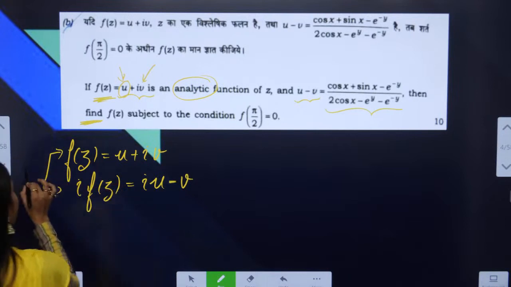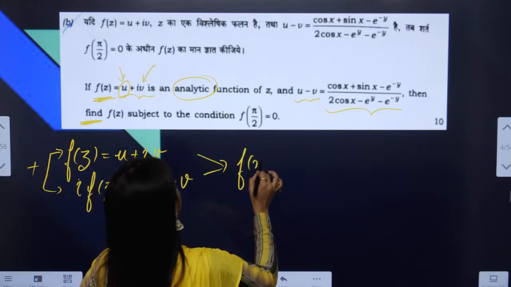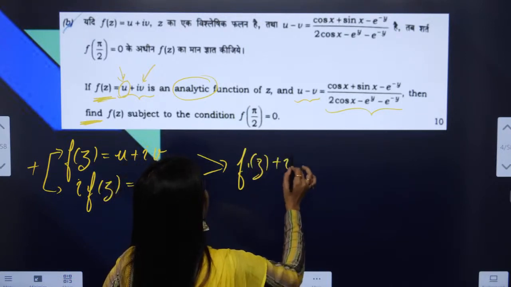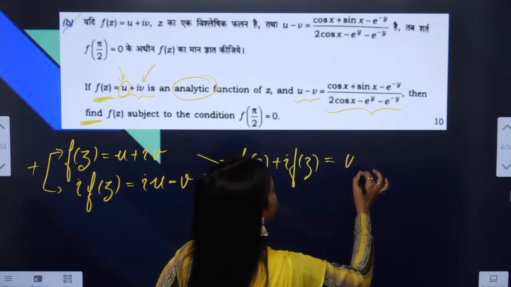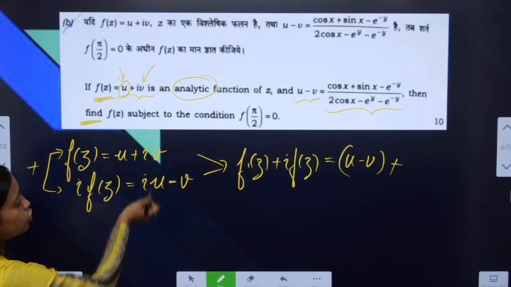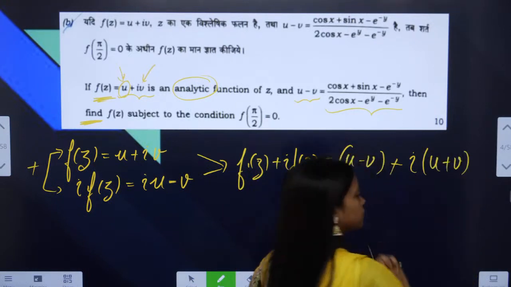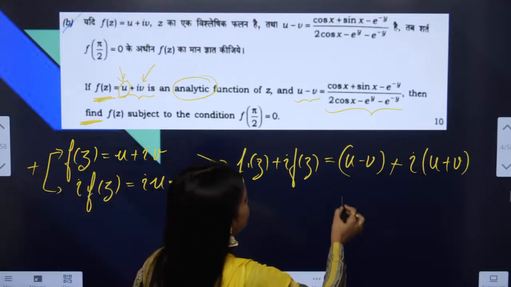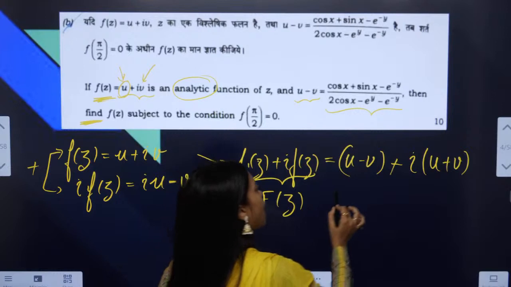If you add these two equations, you will get f of z plus iota f of z equals u minus v plus iota times u plus v. First step is done. Let it be capital F of z.